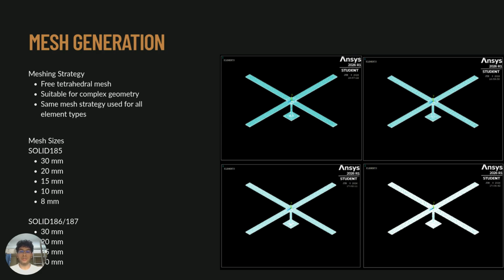Several mesh sizes were investigated. For SOLID185, mesh sizes were from 30 millimeters down to 8 millimeters. For SOLID186 and SOLID187, mesh sizes from 30 millimeters down to 10 millimeters were evaluated. These mesh refinements were later used for convergence analysis.